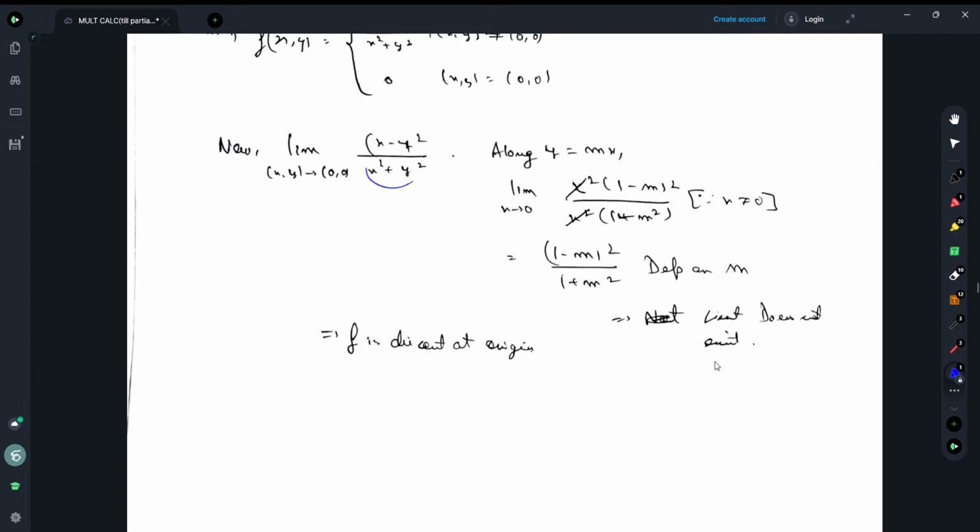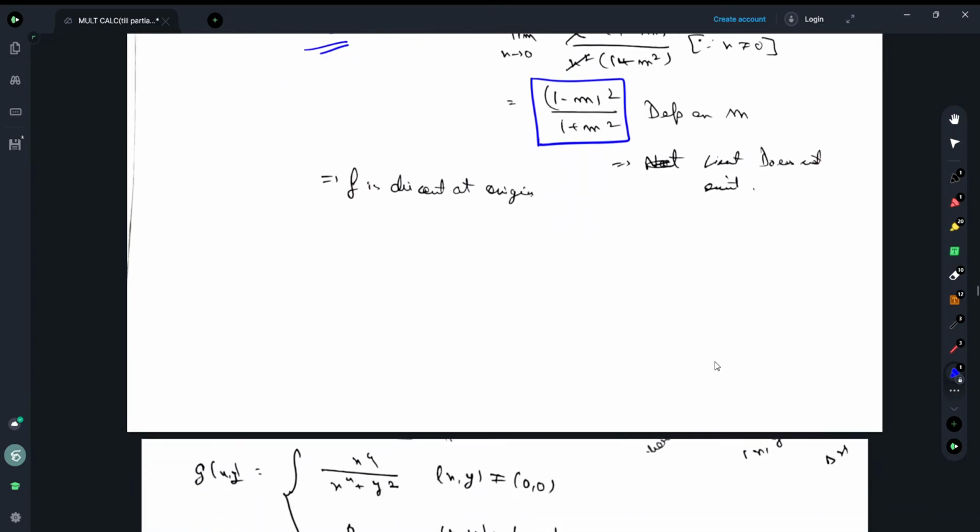Now see, as we approach the origin along this particular path y equals mx, the value of this limit becomes path dependent because it becomes dependent on m, right? So the value of the limit does not exist. If the value of the limit does not exist, then we can obviously say that this function is discontinuous at the origin. Is it clear? It is very simple to understand. Let us check the next one.